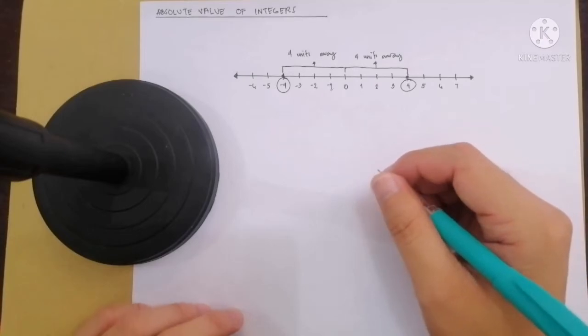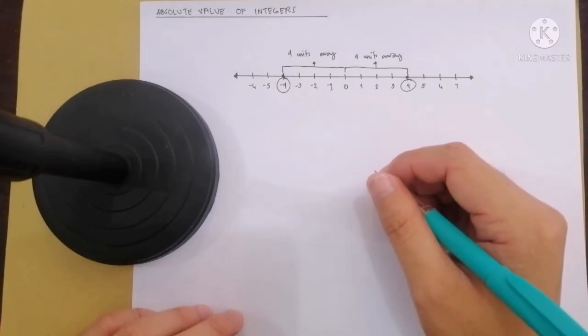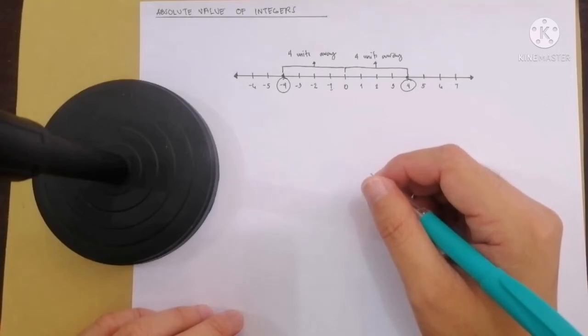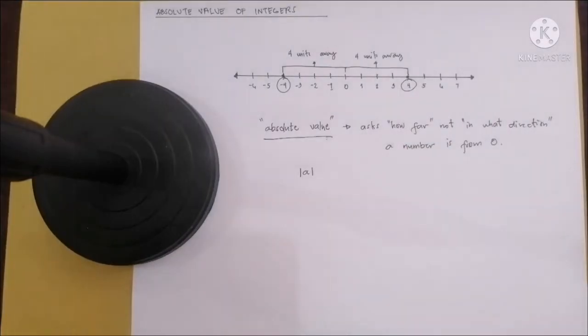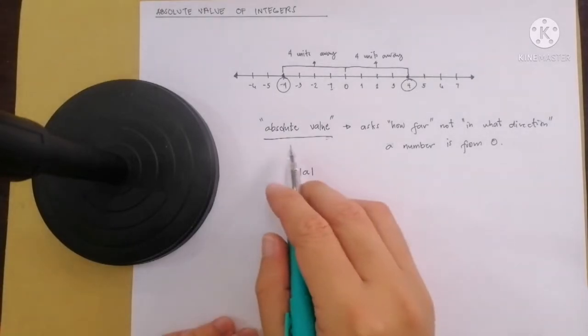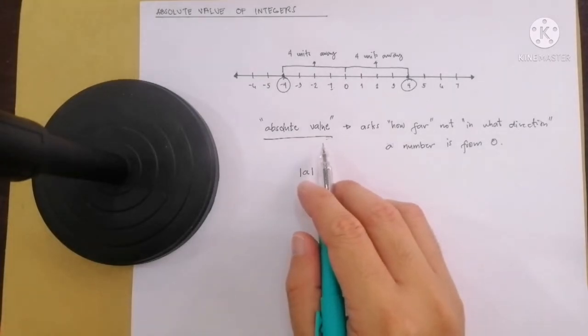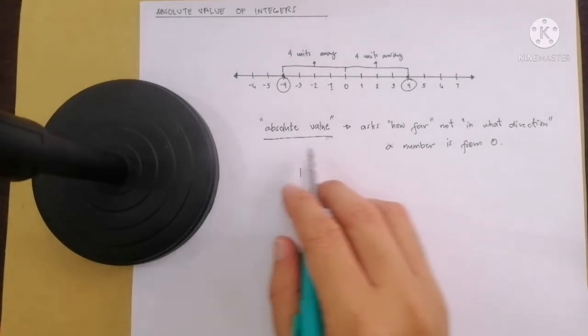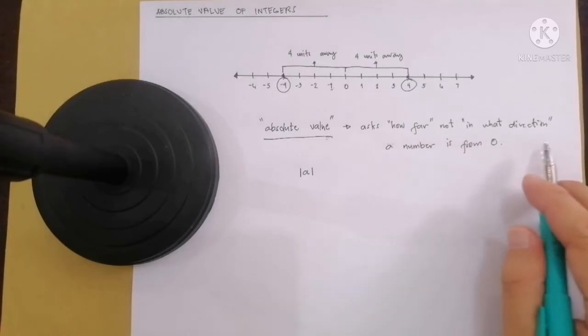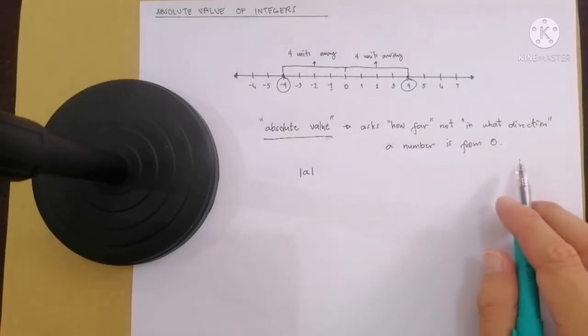Ibig sabihin, they are the same units away, and that is 4 units away from 0. The term that describes the distance of a number on the number line from 0 is called the absolute value of that number. The absolute value asks how far, not in what direction, a number is from 0.